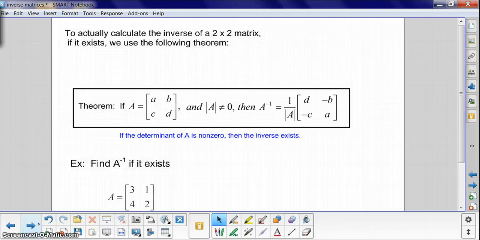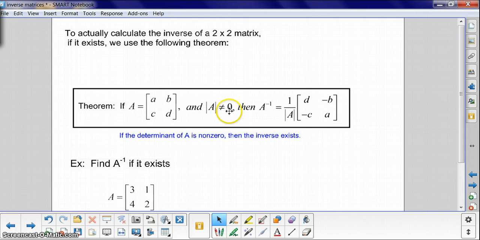So if I actually wanted to learn how to calculate the inverse of a 2 by 2 matrix, if it exists, we use the following theorem. If we have matrix A, which is a 2 by 2 matrix, A, B, C, D, and the determinant of A doesn't equal 0, because notice down here we're dividing by the determinant of A and we can't divide by 0.